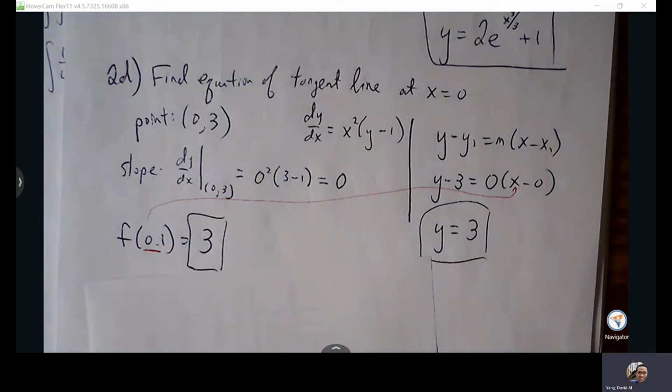All right, any questions on this problem? Okay, let's turn to page 4 and focus on the bottom half. Let's go over the integral problems that we more recently learned.